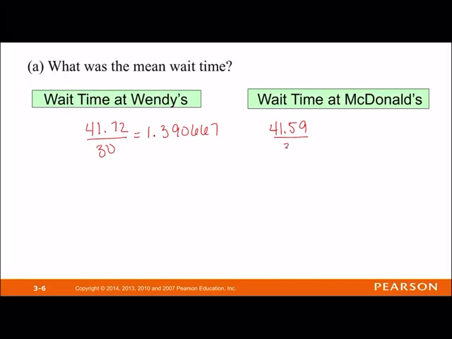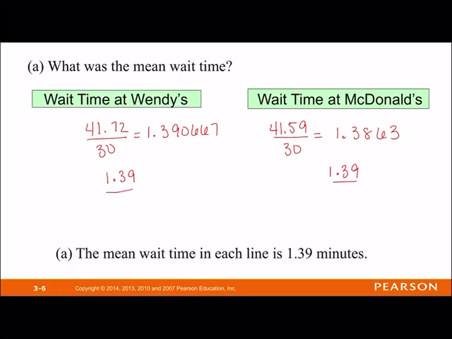And when you divide that by 30, that one's going to come out to 1.3863. So if I round these both to the nearest hundredth, the wait time for Wendy's is 1.39, and the wait time at McDonald's is also 1.39. Okay, so the mean wait time for both these restaurants is 1.39 minutes.